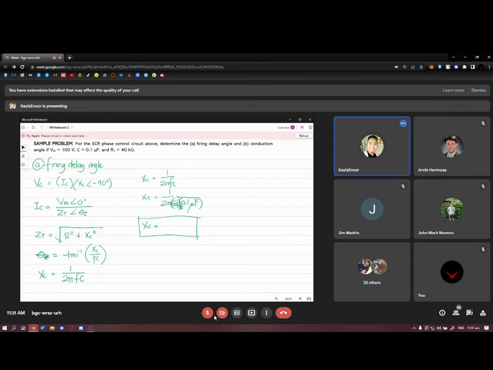So therefore, that is 26,525.82, so that is 26.53 kilo ohms. Okay. Next, pag nakuha natin yung capacitive reactance, we can now determine yung total impedance ng ating RC circuit.